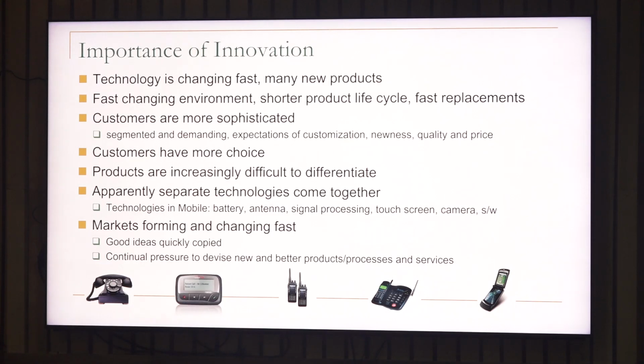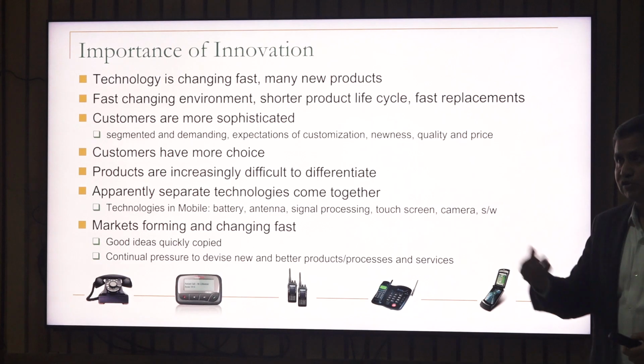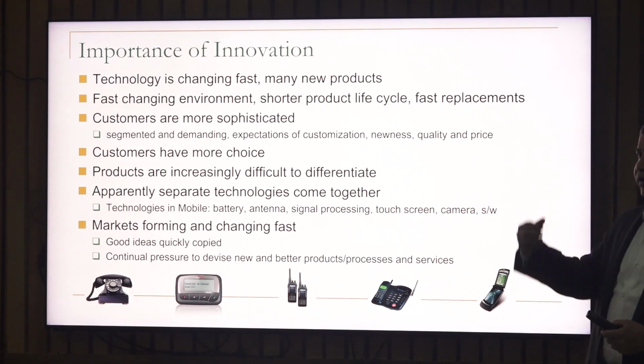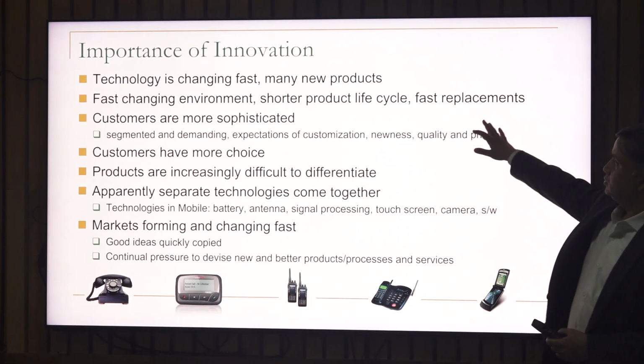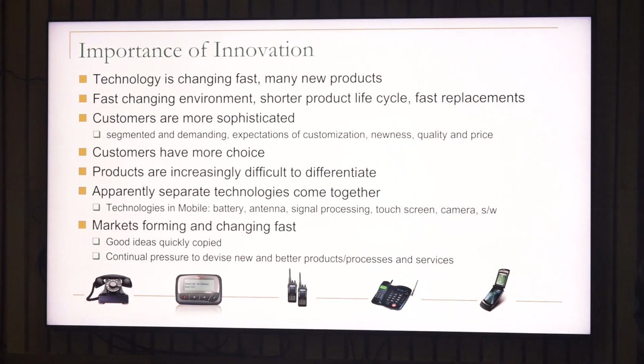So their demand is increasing, their demand for more sophisticated products. They want added features in those products. Then you have no other option. You have to differentiate your product. You have to create a product and say these are the areas in which my product is superior to my competitor's product.